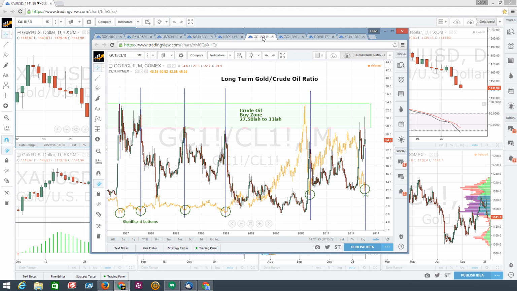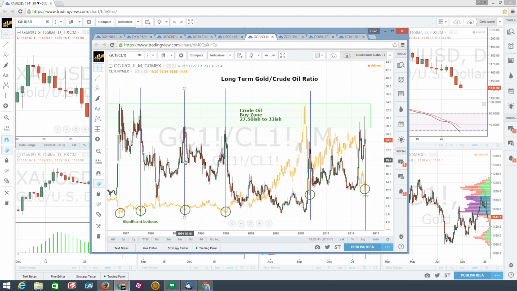Here's another interesting chart that I've been paying attention to for a while now. This is a really good indication of potential major bottoming spots for crude oil. This is the long-term gold to crude oil ratio.